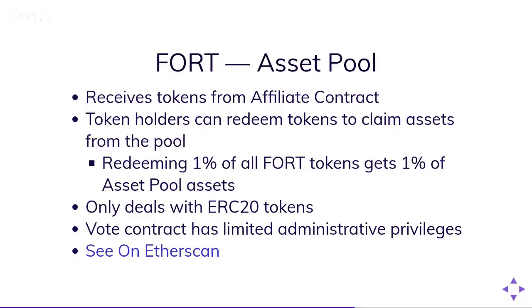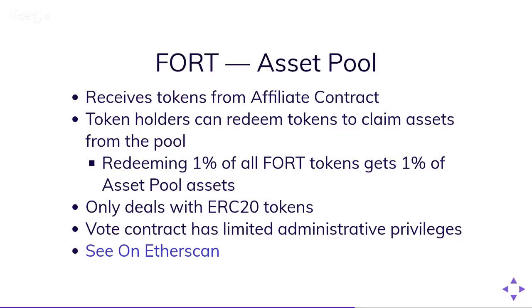Again, the vote contract has limited administrative privileges over the asset pool. Basically, the only thing that the asset pool allows the voting contract to do is to send the tokens somewhere else. So if we ever wanted to upgrade the asset pool to a new asset pool contract, or if we wanted to send the tokens to some dividend payment contract, then a vote could be held to distribute the tokens to some new contract.